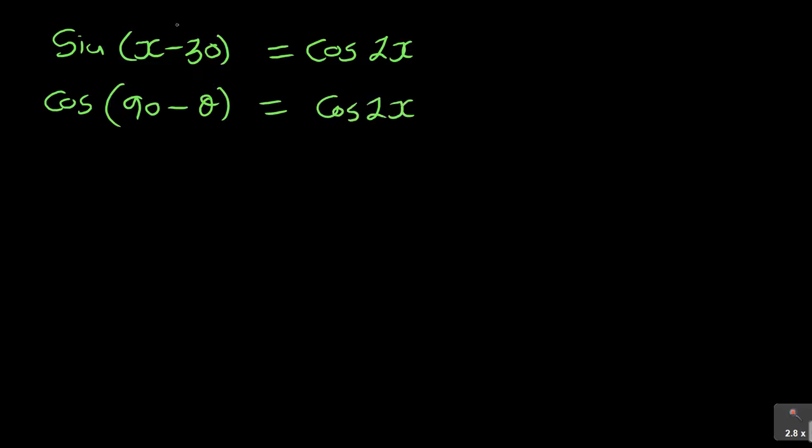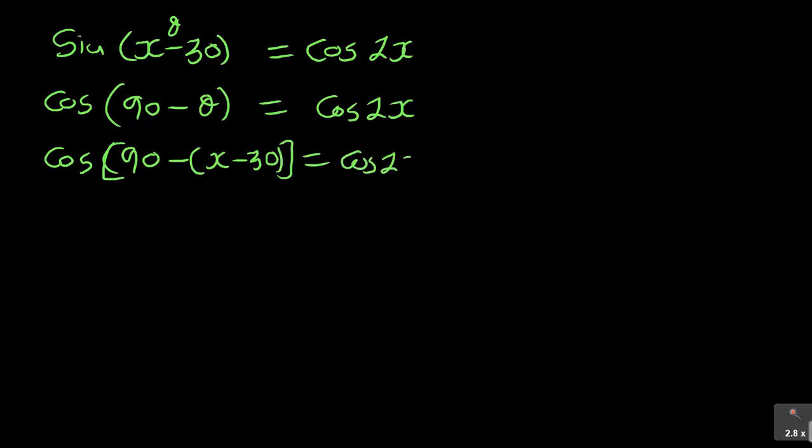Now my theta here is that, so it will be cos of 90 minus bracket, that's why I put a square, then it will be x minus 30, see that, is equal to cos 2x.